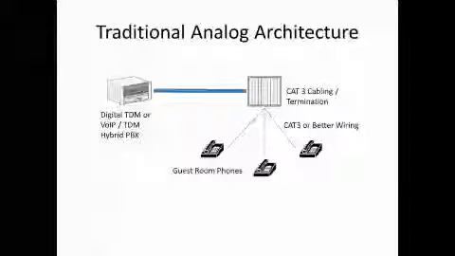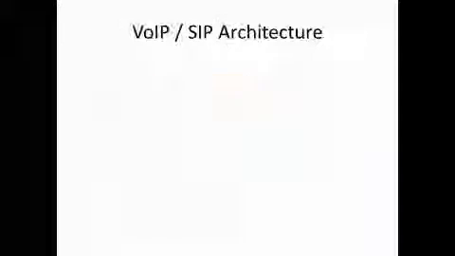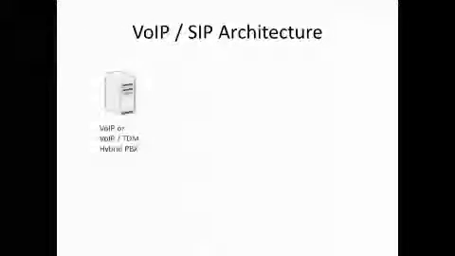In the SIP world, if we're going to drive SIP guest room phones, at some point, obviously, we still need a PBX. Here we've got a server for a fully VoIP-only or SIP-only PBX, but it could be a VoIP TDM hybrid PBX as well. And that is connected to the voice LAN or the hotel LAN through switches.